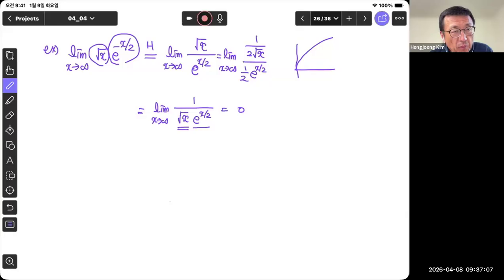Let us consider one more example. How about this? The limit of x to the 3 half times sine 1 over x as x approaches infinity.